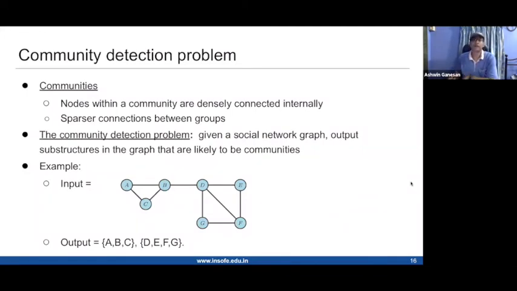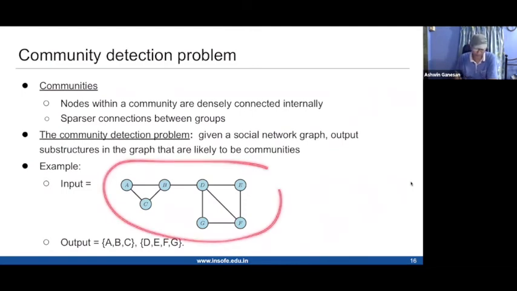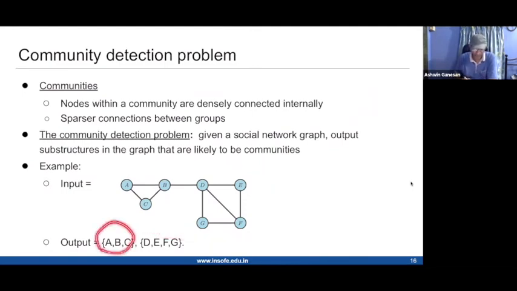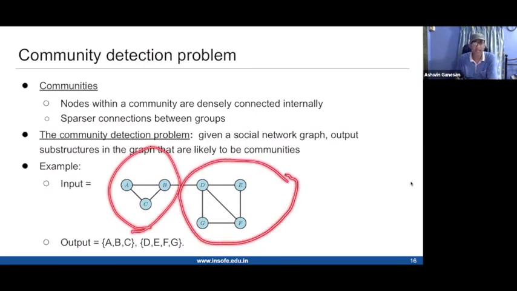So probably what your algorithm should output is that the first community is the three vertices A, B, and C, and the second community is the vertex subset D, E, F, and G, because you can see that there's only one edge between those two communities. This is one community, and this is another community, and that's one good answer, probably the best one.